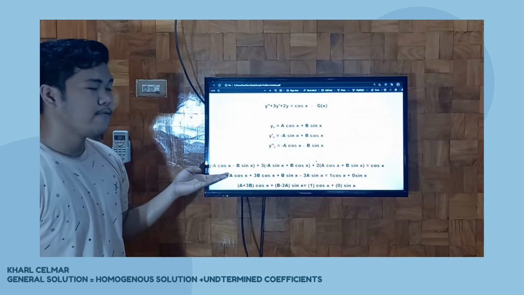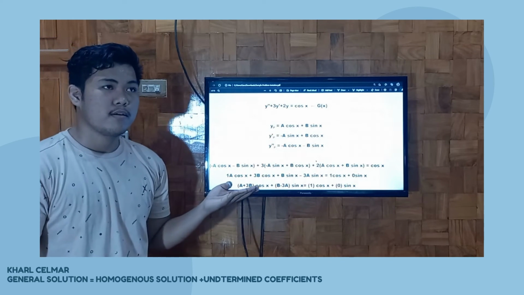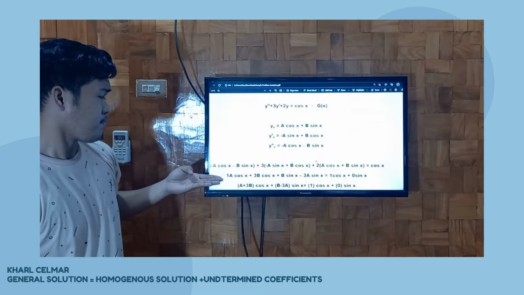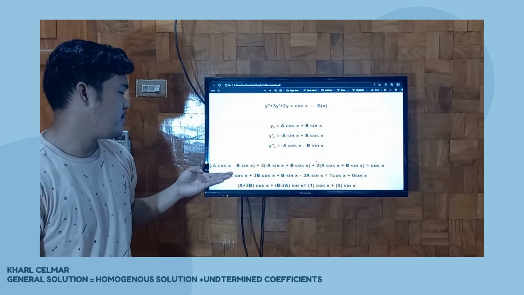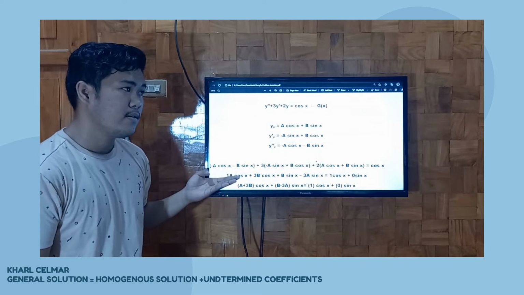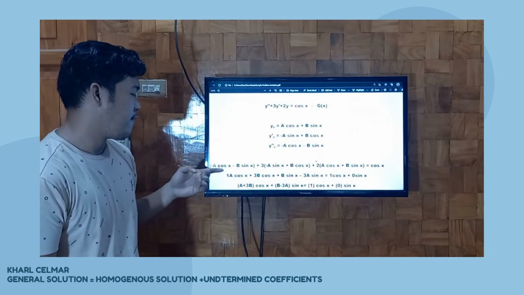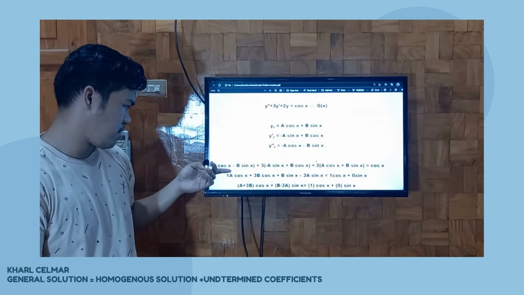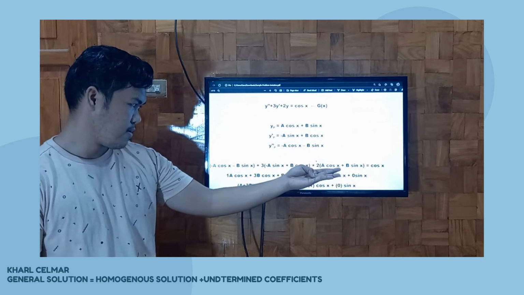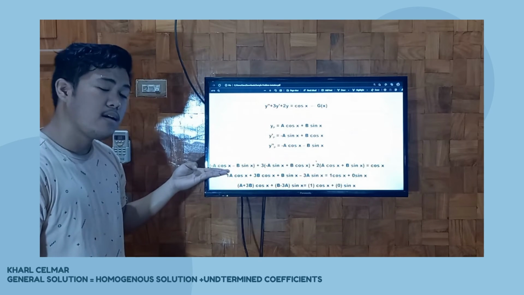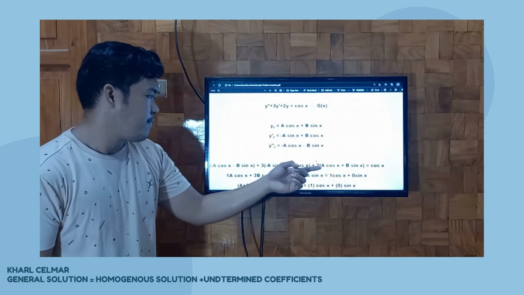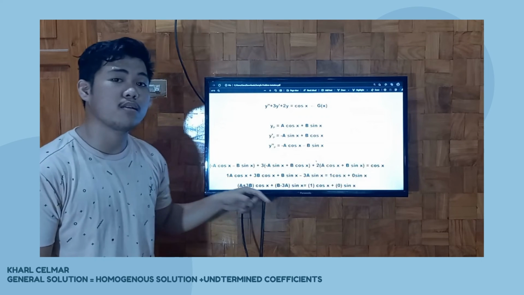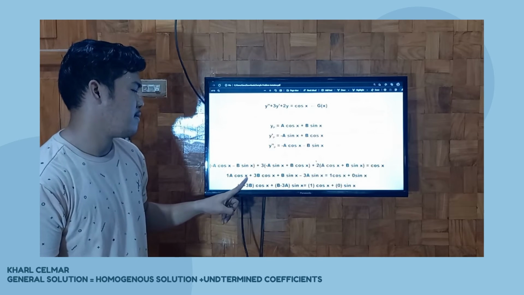Then we will combine like terms. First, we find the same term of a cosine x. Negative a cosine x plus 2 times a cosine x is equal to 1a cosine x.